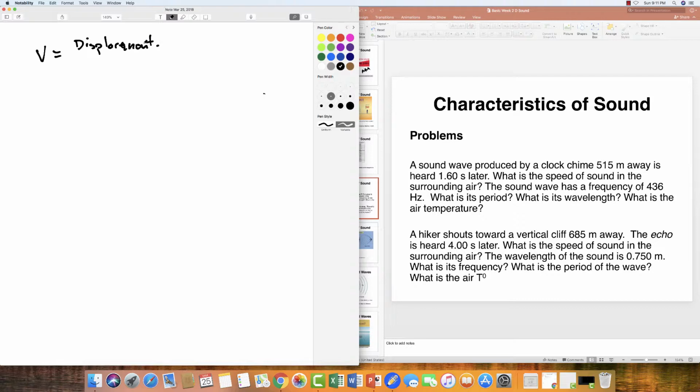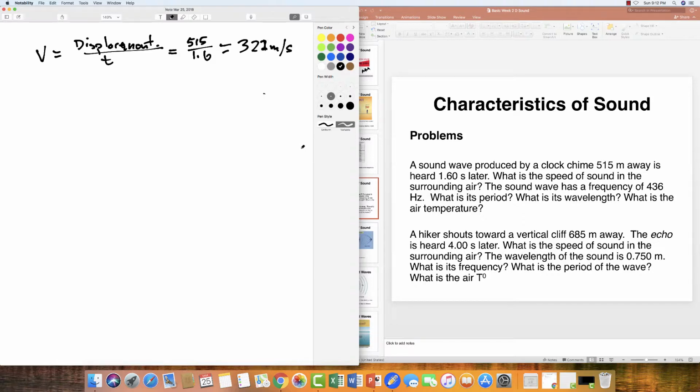And in this case, it's going to be 515 divided by 1.6. And that's going to equal 321. And let's look at our three significant figures. So actually it's 322 meters per second. So that's the velocity of sound.